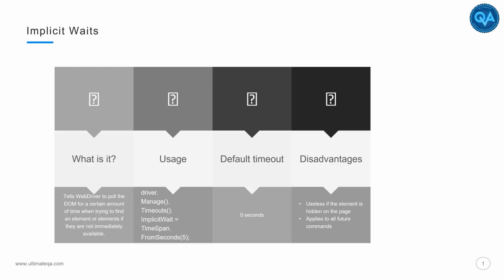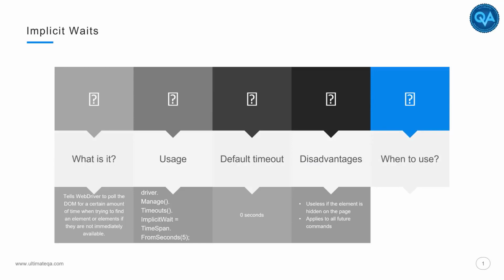So if you set implicit wait once, it will now apply from this point forward to all of your tests that are executing within that driver. While the driver is existing in memory, it will be applied to all those future commands. So whether you want your driver to wait for a long time or you don't, it's always going to wait for that set amount of time.